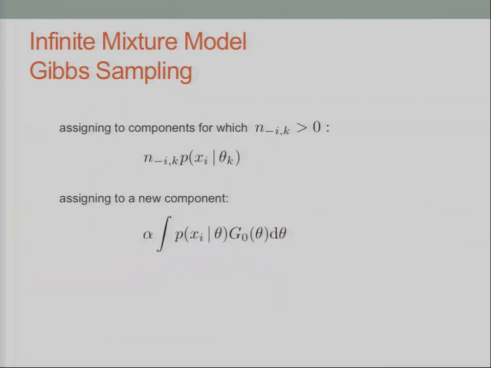So this integral basically says I'm taking into account being assigned to any one of the possible infinitely many cases. Of course, this is proportional to how much mass the base distribution gives to those parameter values.